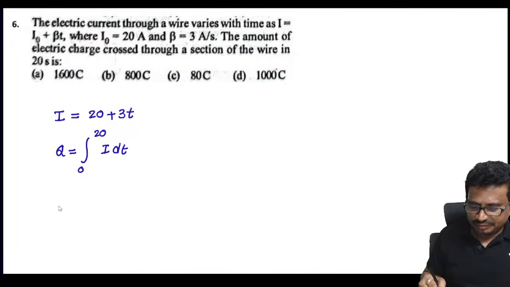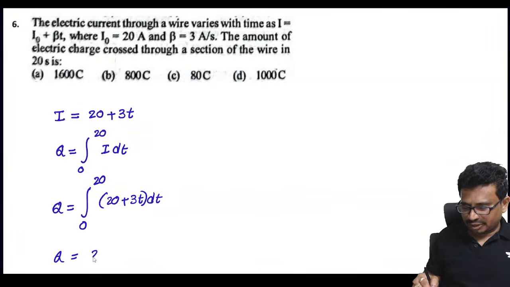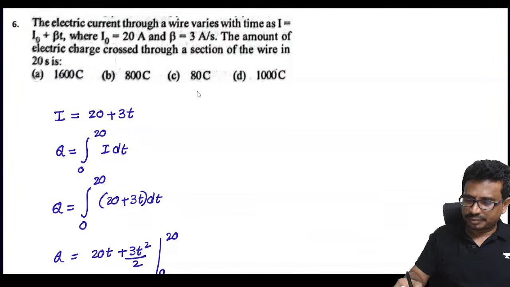So Q is the integral from 0 to 20 seconds of 20 plus 3t into dt, which comes to be 20 into t plus 3t square by 2, limits 0 to 20.